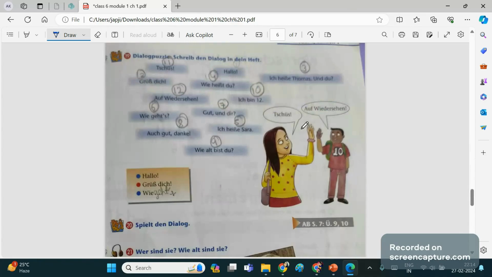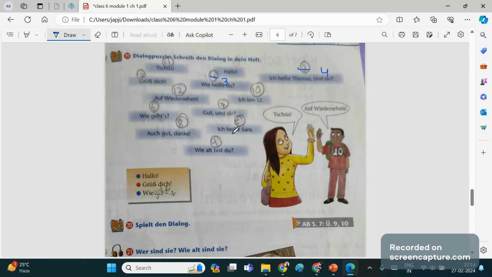Let's discuss quickly this dialogue puzzle. I'll discuss the answers. So first it will be "Hallo." Second dialogue will be "Grüß dich." The other person is going to greet. Third dialogue will obviously be "Ich heiße Thomas, und du? Wie heißt du?" Oh, okay, so this should actually be the third dialogue, and this should be the fourth dialogue.